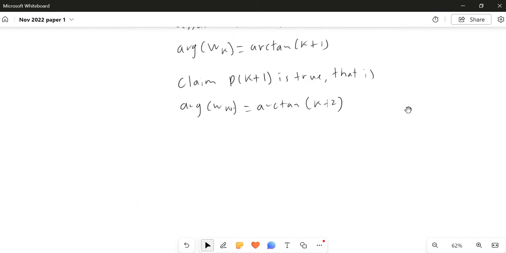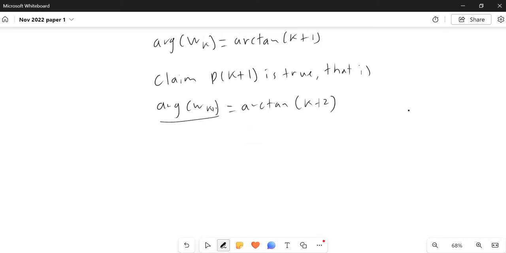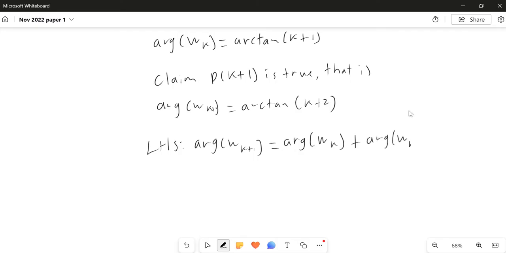And then I'm going to start from the left hand side, so this value. Left hand side, arg W of k plus 1 is equal to arg W of k plus arg W of k plus 1.